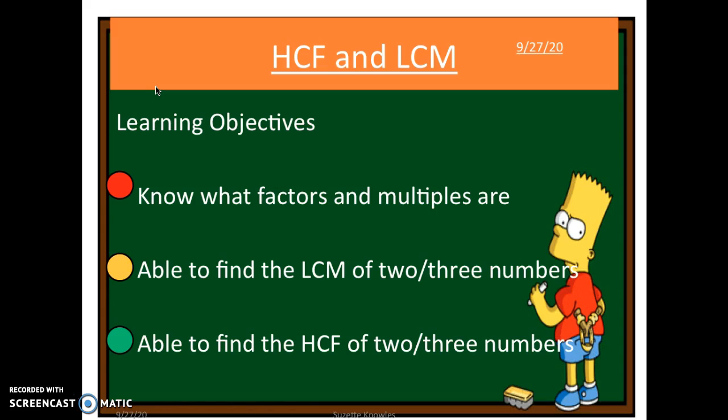The objectives for this lesson are to know what factors and multiples are, to be able to find the LCM of 2 or 3 numbers, and to be able to find the HCF of 2 or 3 numbers.